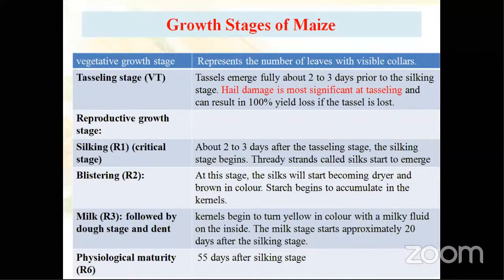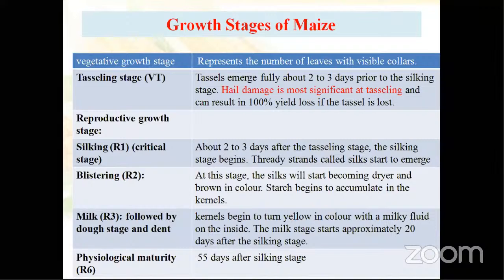Then coming to the reproductive stage. Reproductive stage, silking, that is R1. Tasseling and silking are more critical for moisture stress and nutrient stress.